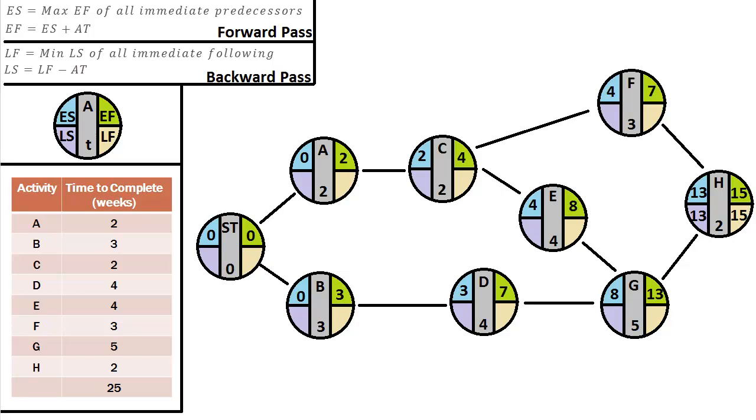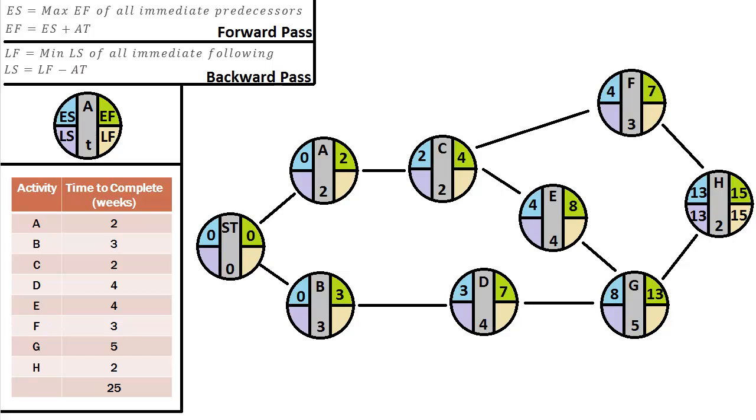So let's go up to activity F. Now we need to find the tan portion of our node, which is the LF, our latest finish. And we do that by looking for the minimum latest start of all immediately following activities, so ahead of it in our network. The only node ahead of F in our diagram is H. So what is the LS, or the latest start, in H?